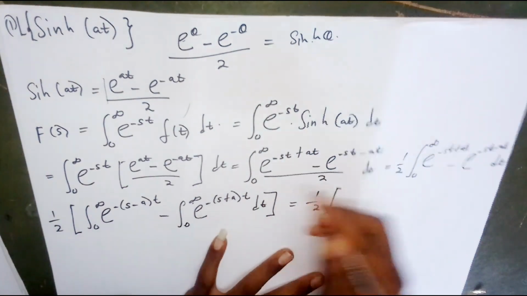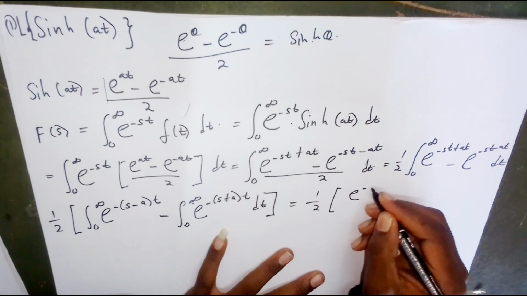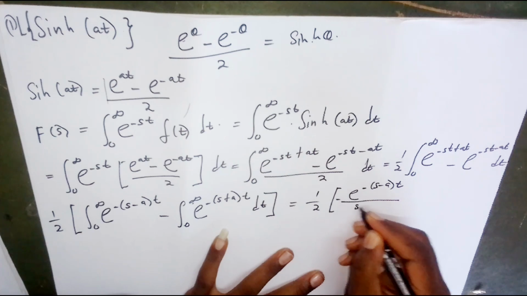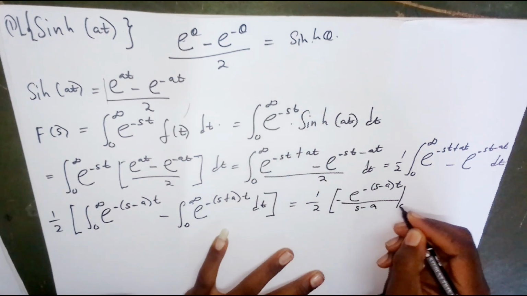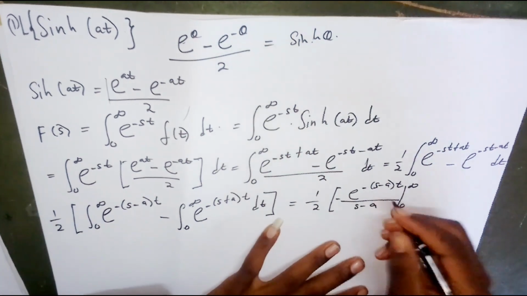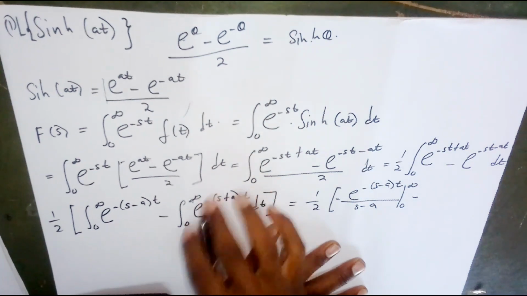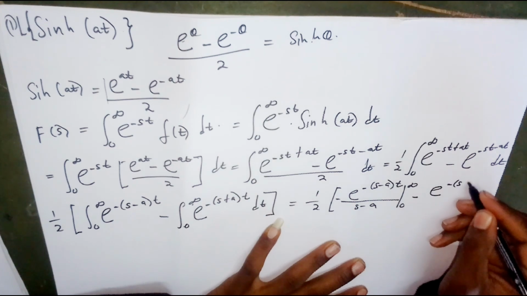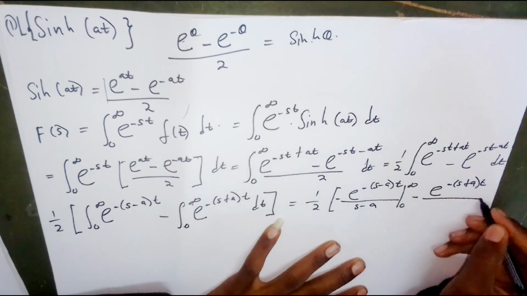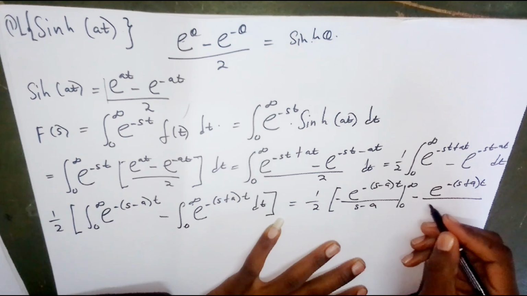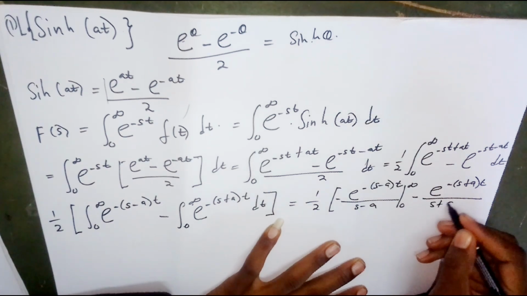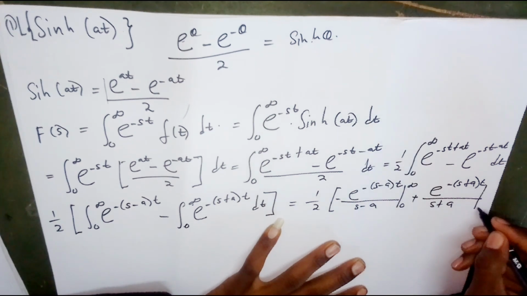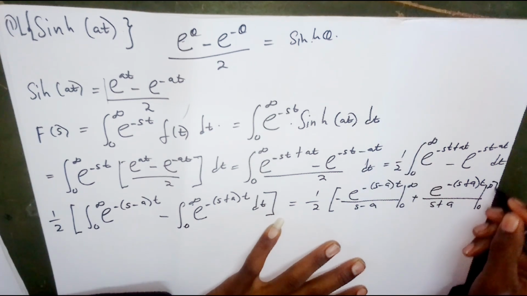In our first integral, our answer is left with e to the power negative (s minus a)t, divided by negative (s minus a), with lower limit 0 up to infinity. Then we say negative. If we integrate here, we are left with e to the power negative (s plus a)t, divided by negative (s plus a). So negative by negative gives a positive, with lower limit 0 up to infinity.